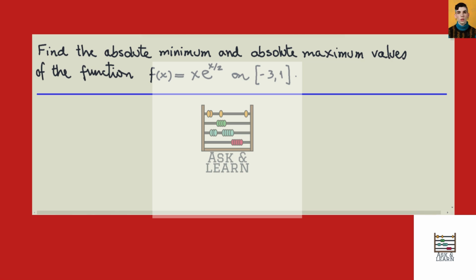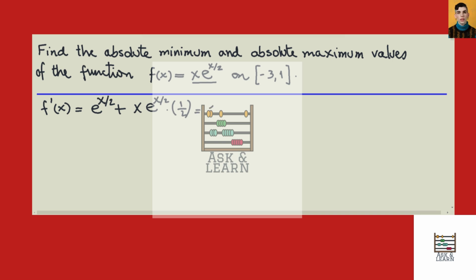So we start by finding the critical numbers of f. For that, we need the first derivative of f, which is the derivative of this product here, x times exponential of x half. And that is the derivative of x, which is 1, times e to the x half, plus x times the derivative of e to the x half, which is the same exponential function times the derivative of the exponent, 1/2.